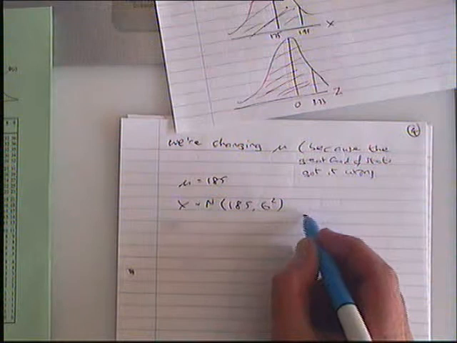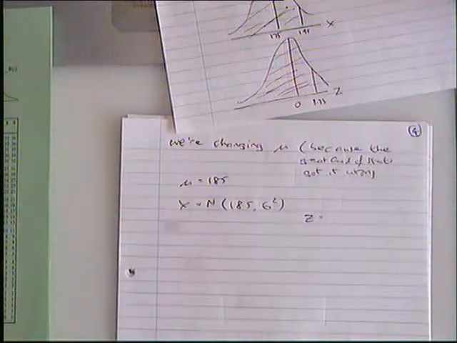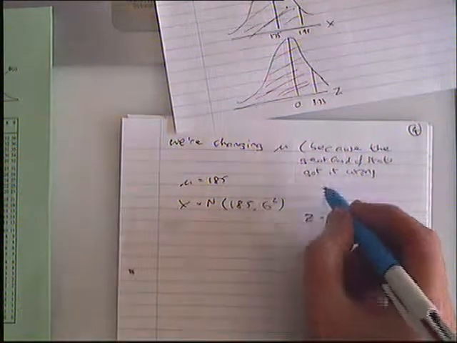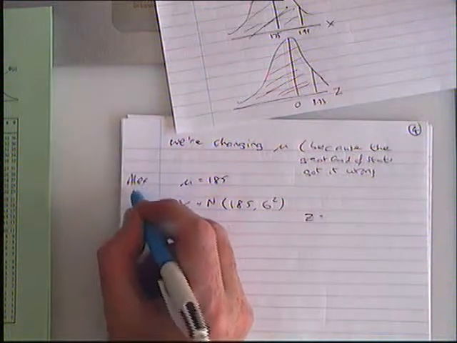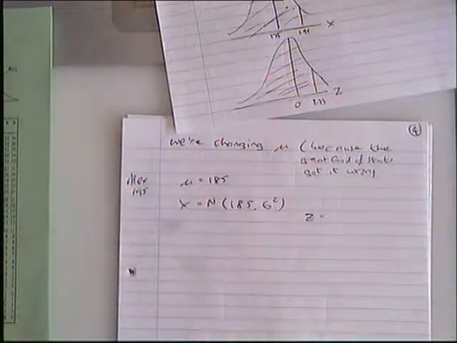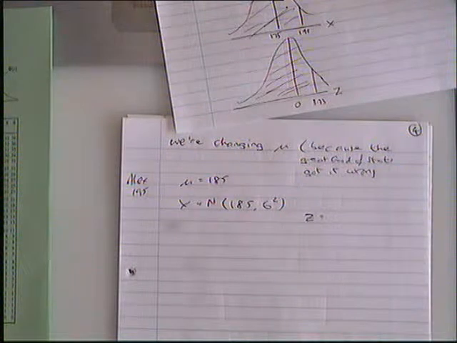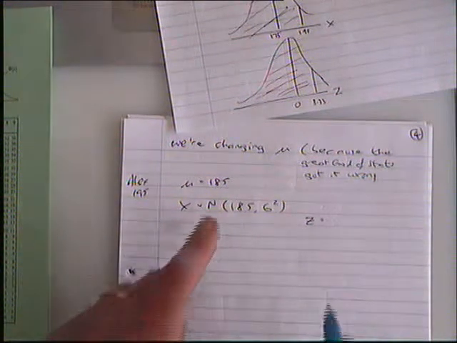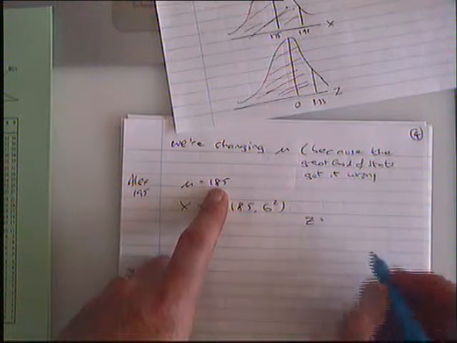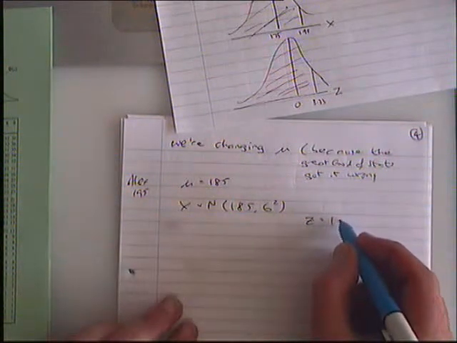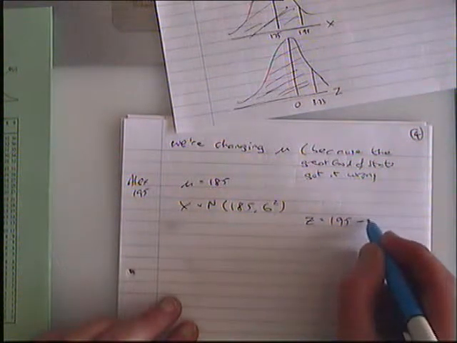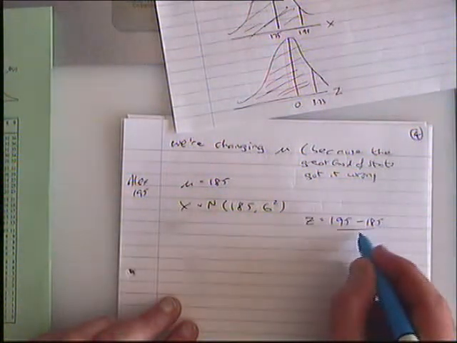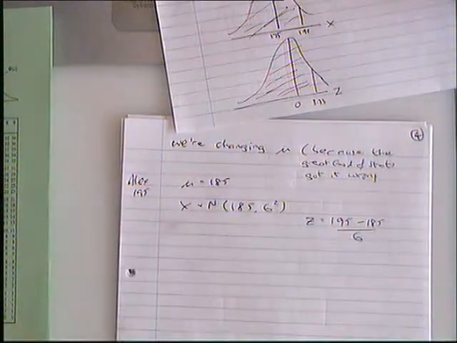What calculation will I do then to get Z? Now I'm still dealing with Alex. Alex is still 195 centimetres tall. Was Alex really 195 centimetres tall? Maybe he was. So, what calculation will I do for Z? I will do the person's height, take away the mean, divided by the standard deviation.